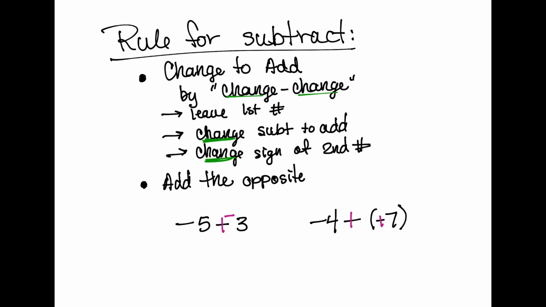Okay, this page is really messy and I apologize, but the rule for subtract is to either change to add or add the opposite. Those are the two things. Okay, you change it to add by doing change. You leave the first number, change subtract to add, change the sign of the second number.